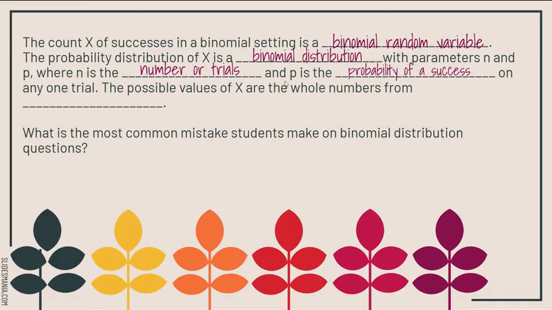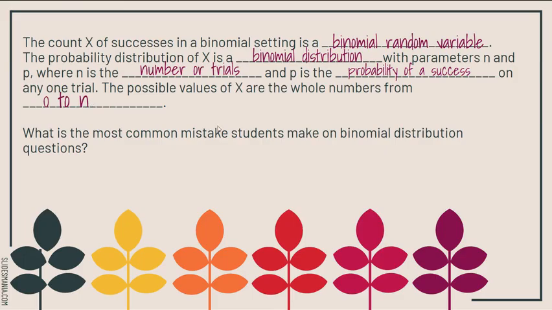So let's say 20 trials, probability of success is 1/2 on any one trial. The possible values of X are the whole numbers from 0 to N. So if we have 20 trials, we would look at how many result in success, which success was our even.